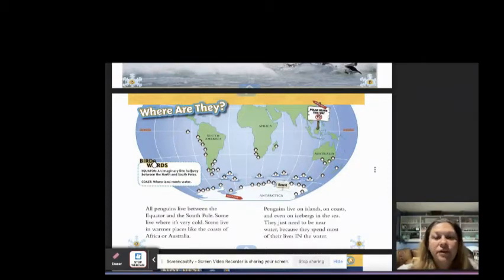Some live where it's very cold. Some live in warmer places like the coasts of Africa or Australia. So Africa and Australia are warmer. Antarctica is cold. Penguins live on islands, on coasts, and even on icebergs in the sea. They just need to be near water because they spend most of their lives in water.